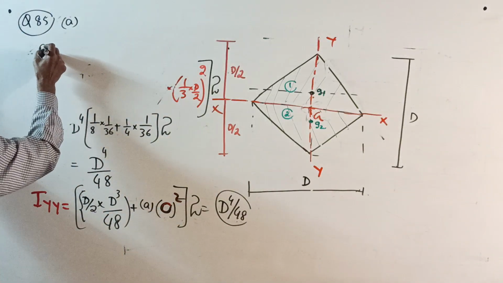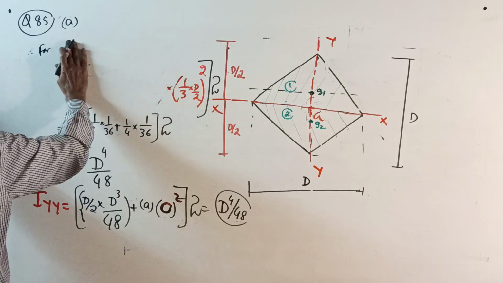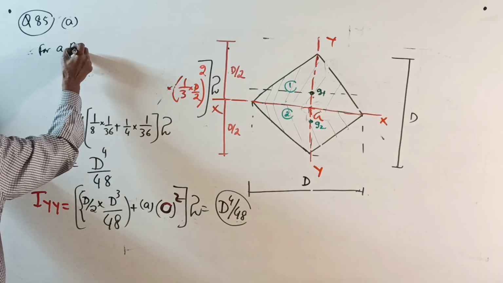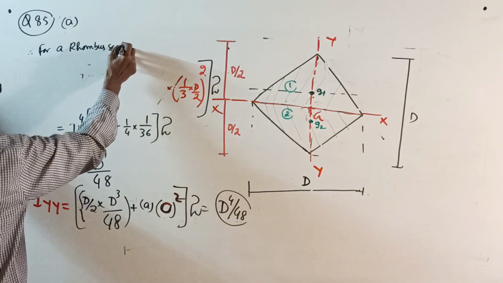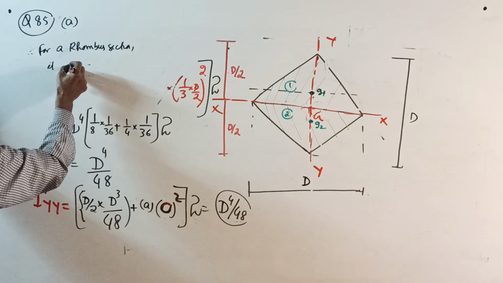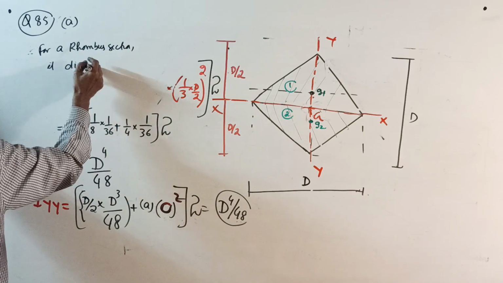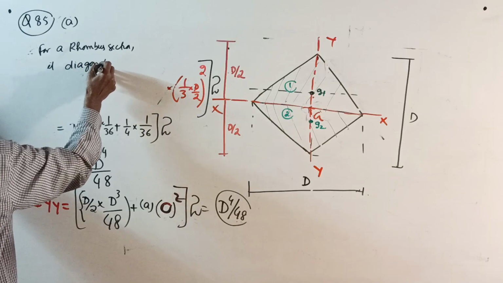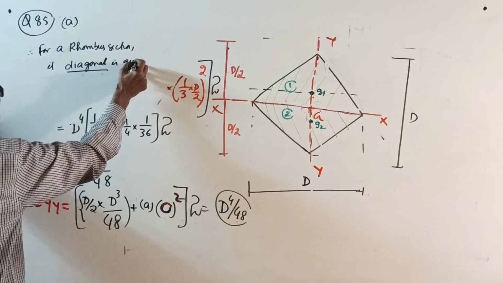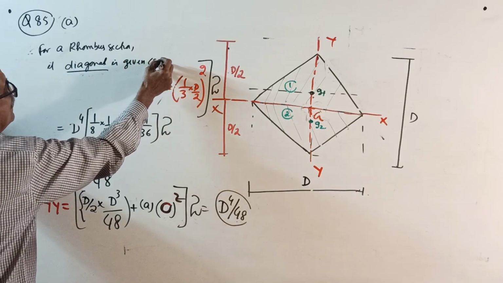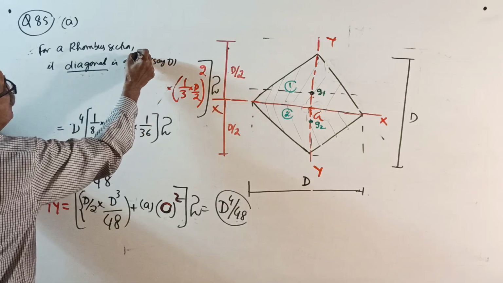Therefore, for a rhombus section, if diagonal, both, remember, you write here, diagonal is given, say D. Make a note here.